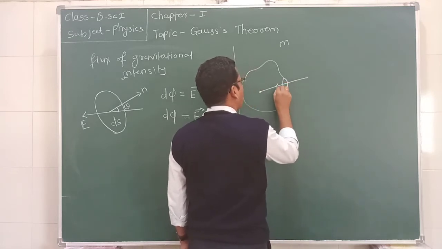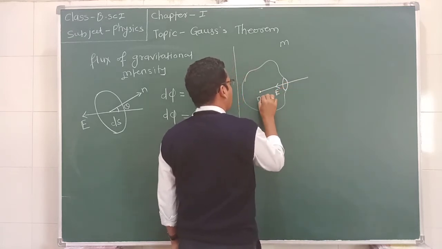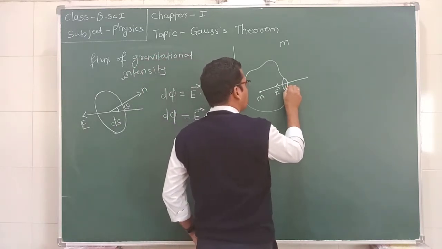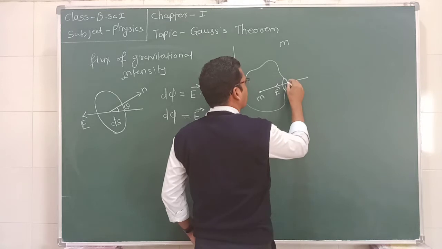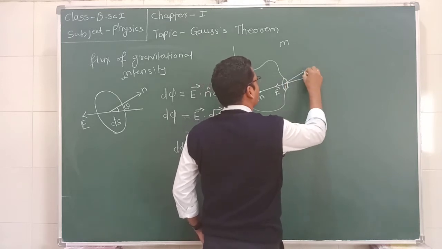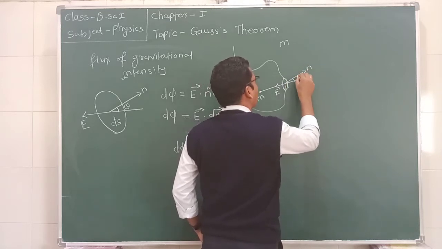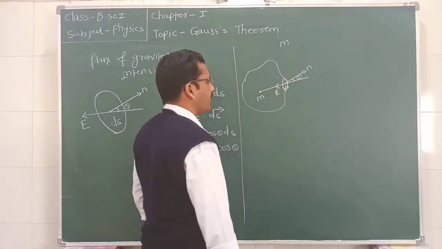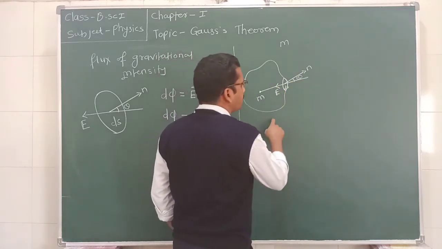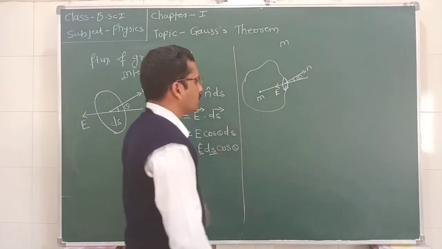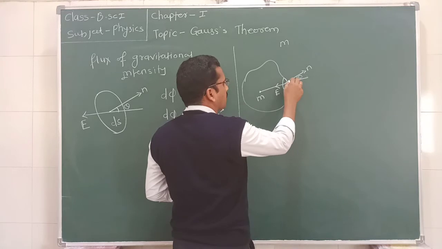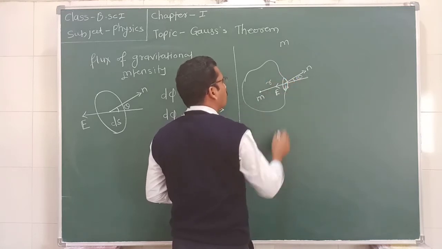This is the gravitational intensity which is directed towards the mass. This is area ds. This is the normal making an angle theta with the direction of the gravitational intensity, and suppose the distance of this point m from this small surface ds is equal to r.